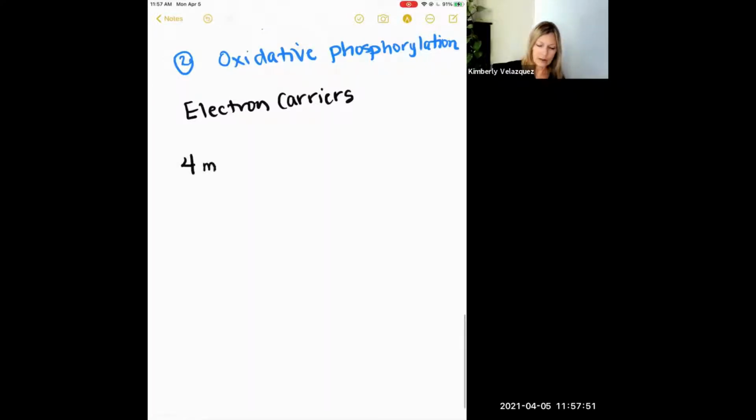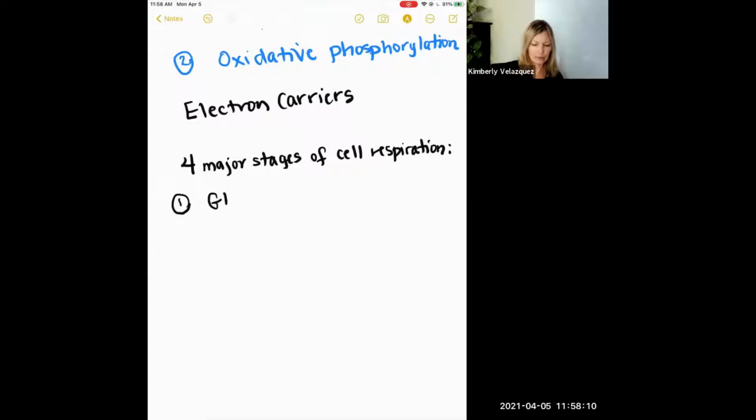4 major stages of cell respiration. Again, cellular respiration is just too much for us to say every time. For now, I'm just going to list them with no further explanation.